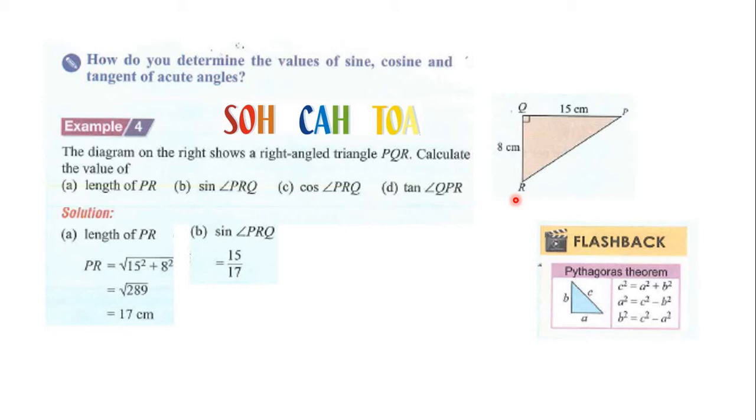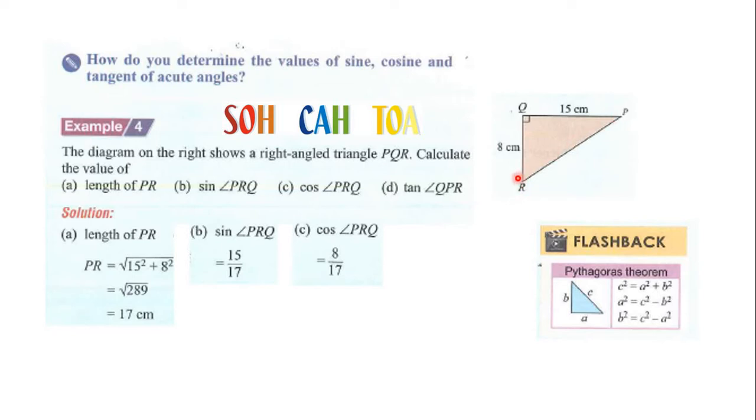C, cos PRQ. Still at the angle R, cos is adjacent QR over hypotenuse PR. So cos angle PRQ equals 8 over 17. D, tangent QPR.